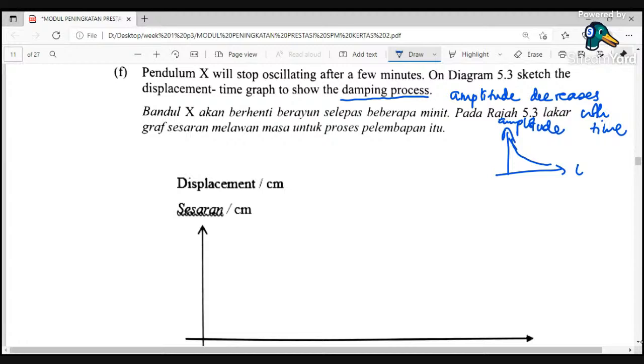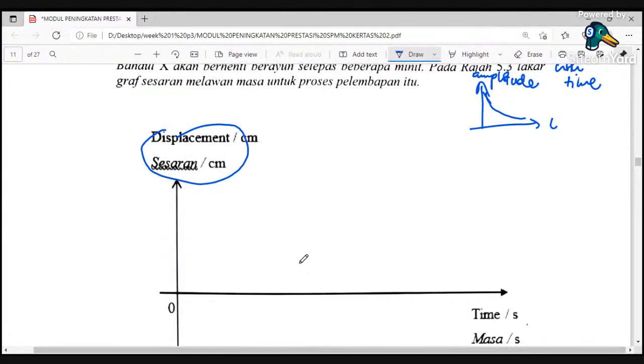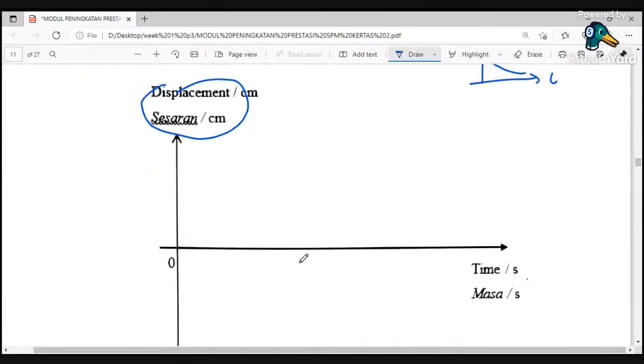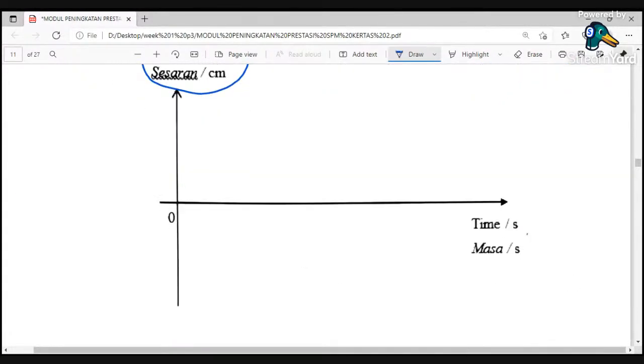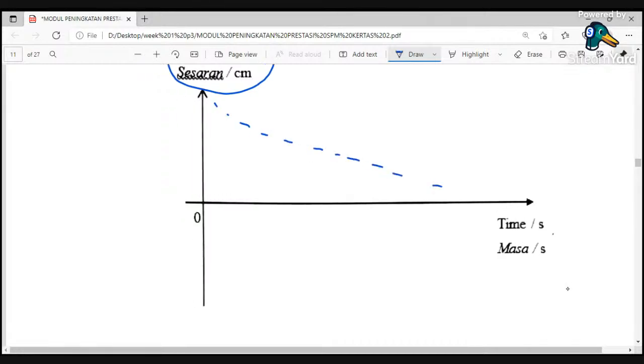Okay, ini graph ialah displacement. Sama juga, you boleh draw dulu control line buat broken line menunjukkan amplitude decreases with time. Samalah atas bawah tu.